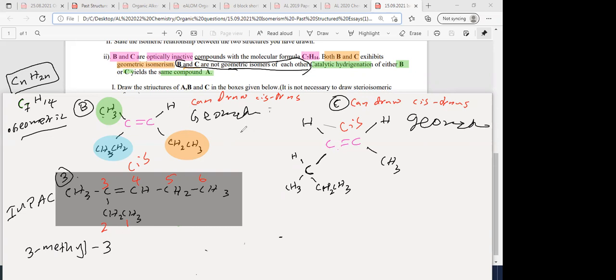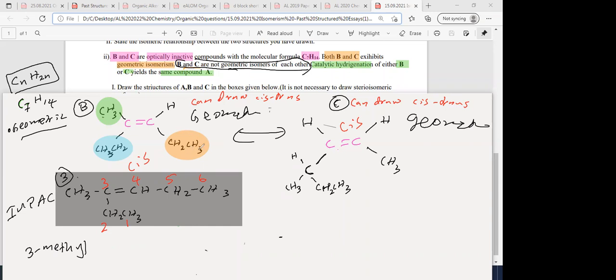Now in the exam, when you draw B and C, it can be interchanged. If you want, you can put C as B and B as C, I mean when you draw the geometric forms. But after adding, you can't change it. 3-methyl-3-hexene, or else you can write 3-methylhex-3-ene. I think that is better, no? 3-methylhex-3-ene.